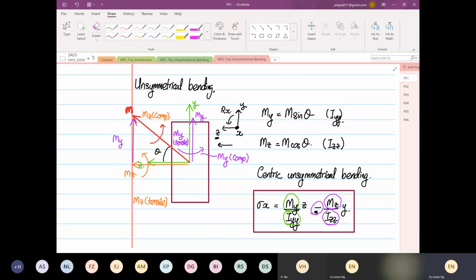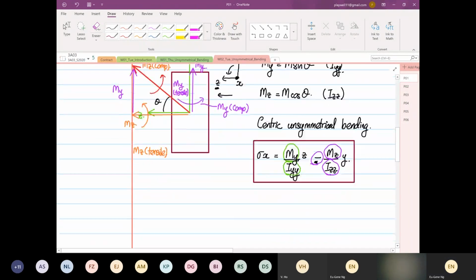So now, before I go on, I'd like to prove to you why this structure is under unsymmetrical bending. Before I go on, any questions so far?